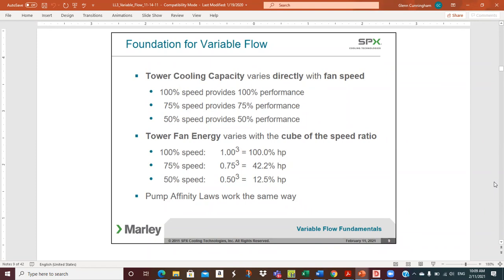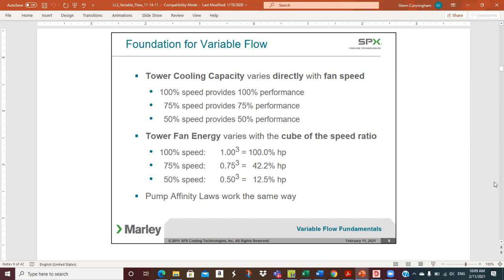That's worth having. That's a significant chunk of change. At 50%, take 0.5 cubed, and you get 0.125, and that means that your power is going to fall to 12.5%. So that's 87.5% savings if you could deal with 50% of the airflow.